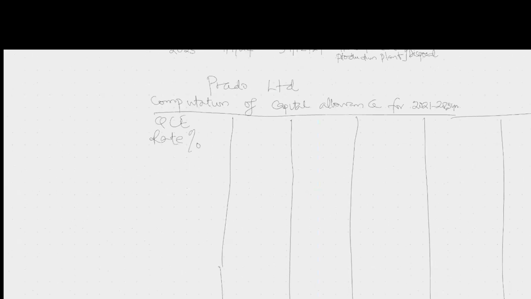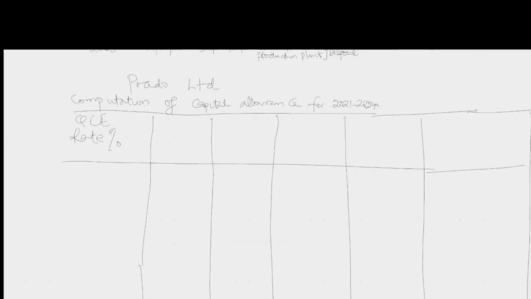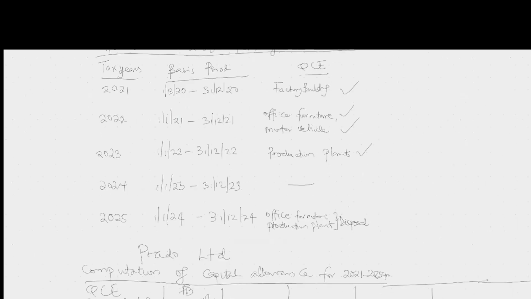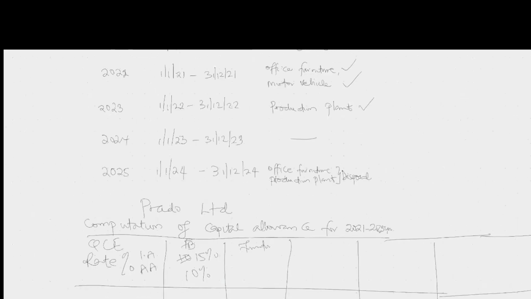What's the first asset? First asset is factory building. Initial allowance 15%, annual allowance 10%. Those are the rates. Furniture, 25% and 20%.